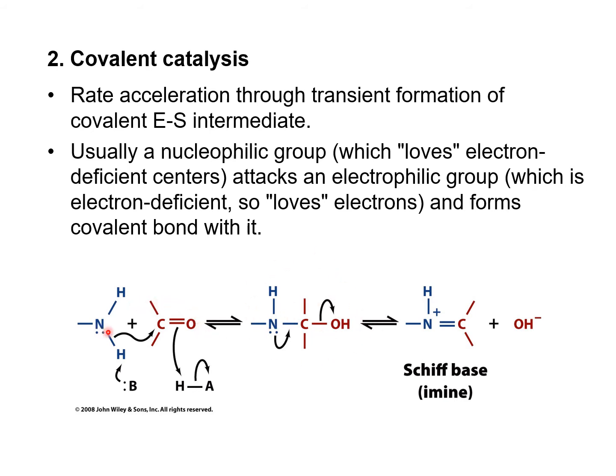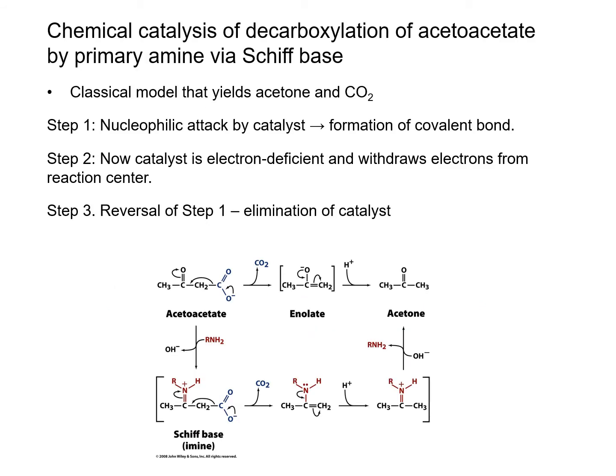Usually a nucleophilic group, which is electron rich, so it loves electron-deficient centers, attacks an electrophilic group, which is electron deficient, so it loves electrons, and forms a covalent bond with it to form this kind of Schiff base, an imine structure, in this example. An example of covalent catalysis is the chemical catalysis of decarboxylation of acetoacetate by a primary amine as a catalyst via Schiff base.